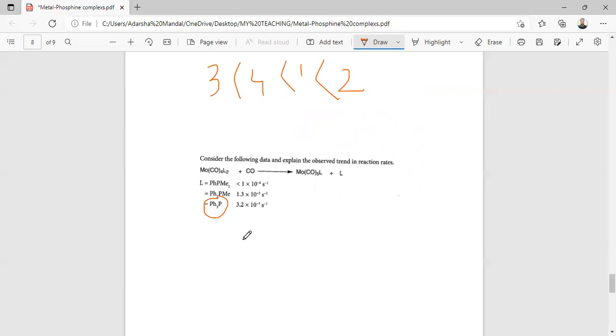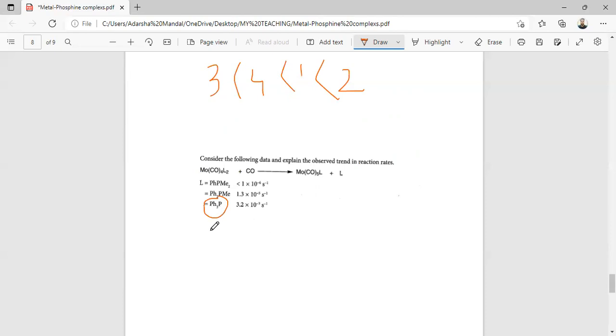So here the dissociation of the L will depend upon the steric bulk of this PPh3 ligand. If there is a large cone angle of the phosphine ligand, then the ligand dissociation will be more facile.